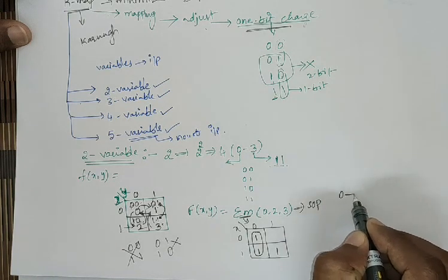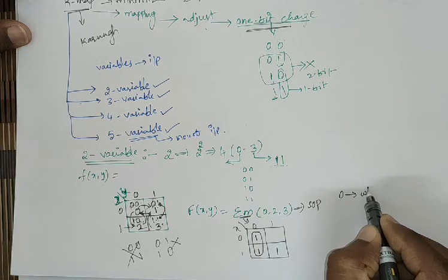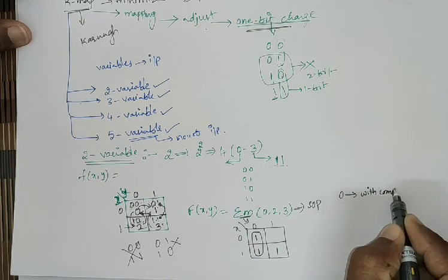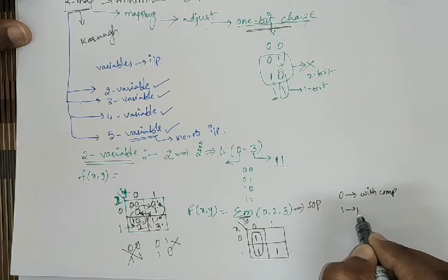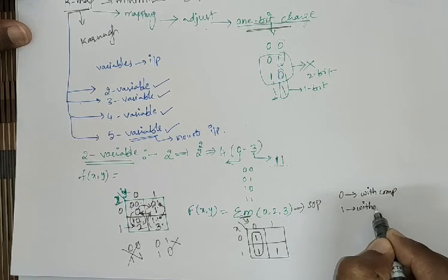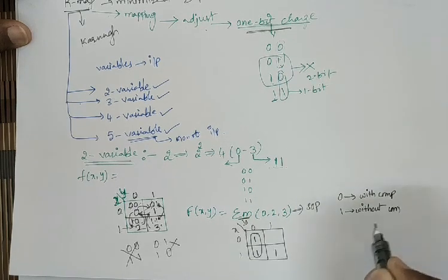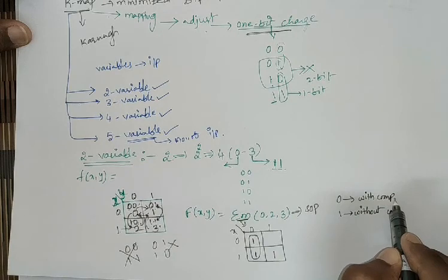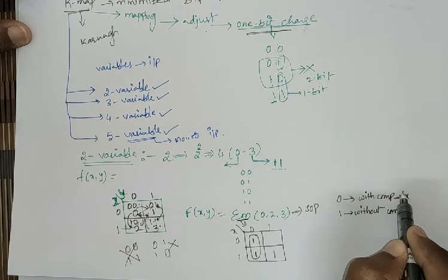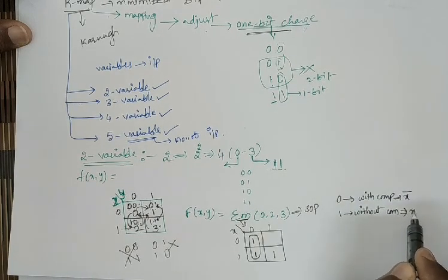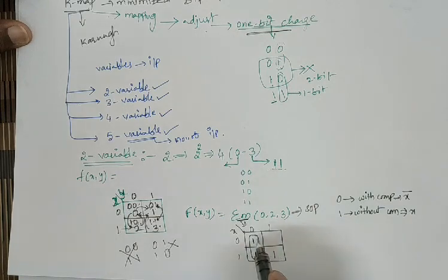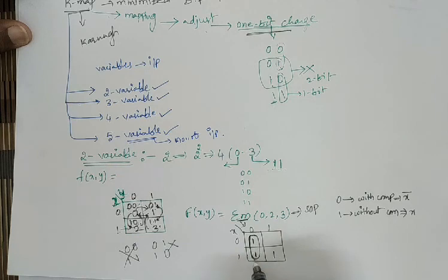In the input variable representation, 0 is represented with complement, x bar, and 1 is represented without complement. According to that, here the 0 position is adjacent to 2, so these two are mapped to each other.